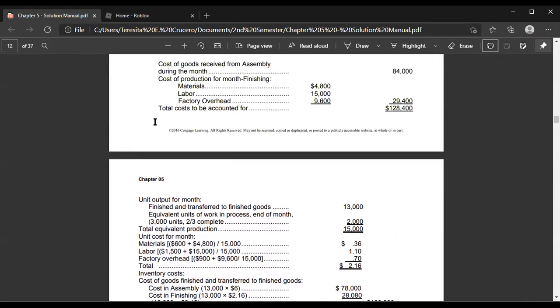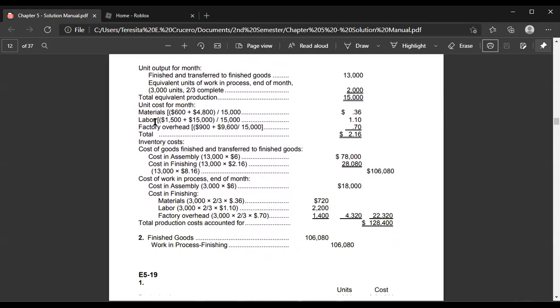That's the cost to be accounted for. So the cost to be accounted for is finally allocated to your cost of completed units and work in process at the end. Okay, now let's go to requirement 2, prepare journal entry to transfer the cost of completed units from finishing to the finished goods stock room.